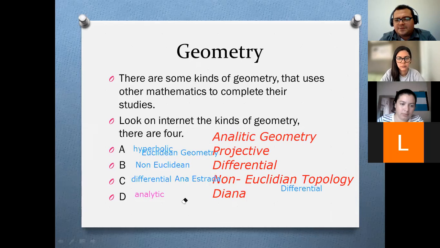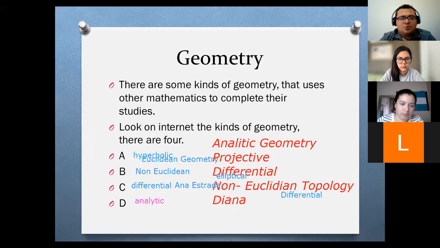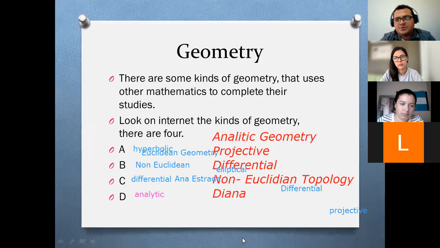The projective, okay, that's part of the non-Euclidean too. The elliptical, part of the non-Euclidean. It's so interesting what you find on the internet, right? But let me tell you, that's so huge. These areas, I mean, these ideas of the geometry are very big.